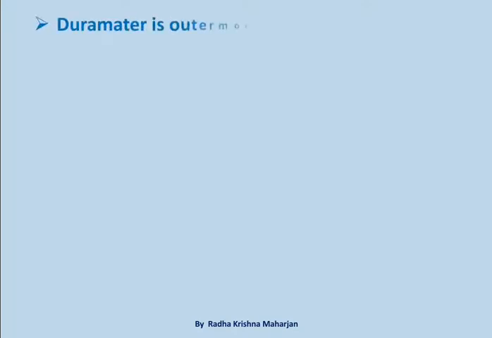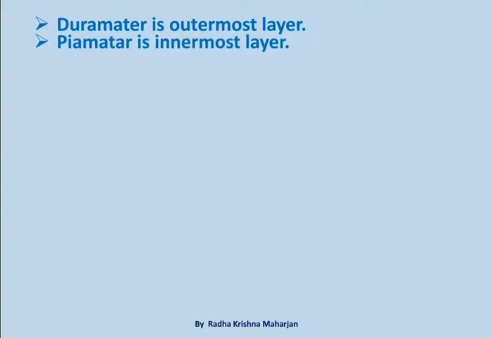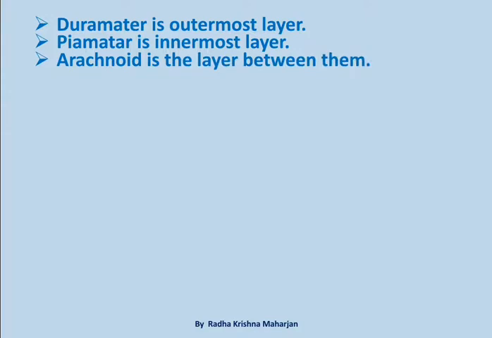Dura mater is outermost layer. Pia mater is innermost layer. Arachnoid is the layer between them.